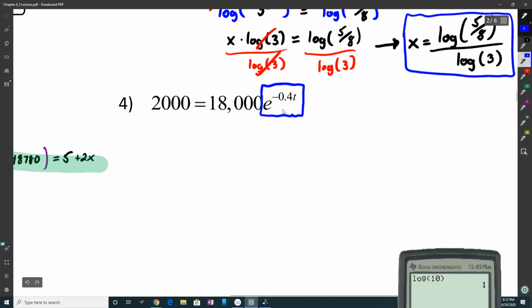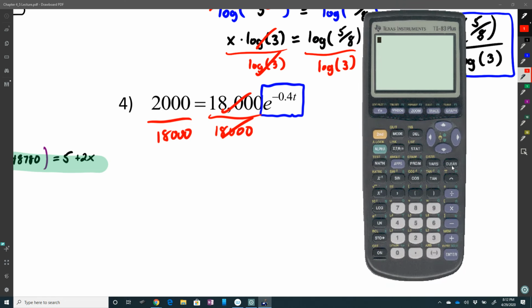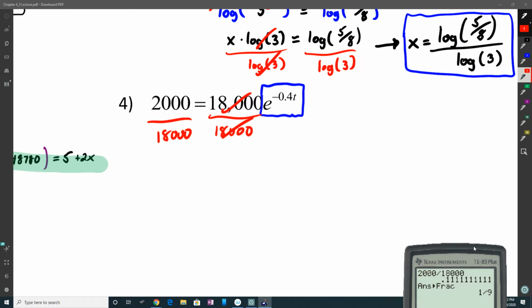It's not by itself. So I have to divide by 18,000 to get it by itself. Again, you can use your calculator. So 1/9 equals e to the negative 0.4t.